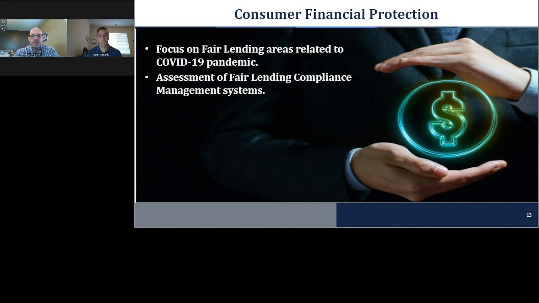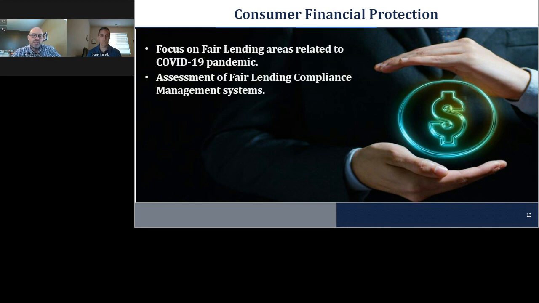Big picture when it comes to consumer financial protection, obviously fair lending is a big ticket item for us. So examiners in contacts with credit unions will be looking at your fair lending compliance management system. The system really is a way to put a title to certain things that you're doing already.